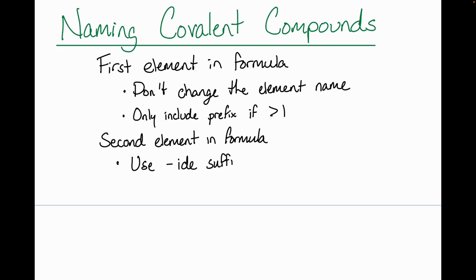We're going to be fancy. All right, so we got to use that IDE suffix. And for the second element, you always use a prefix. Regardless of if there's just one or more than one, you're always going to include the prefix. So we always use that prefix.